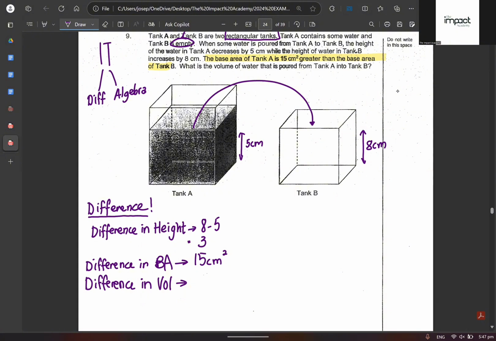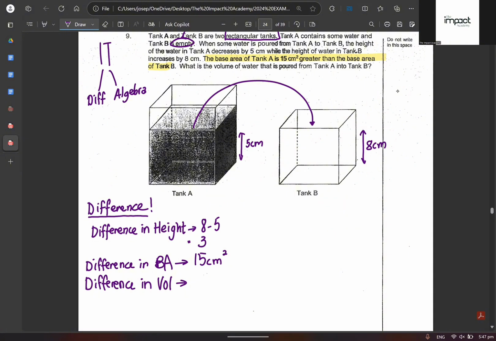So from A, the water that came out is the difference. Correct? So imagine this has 200 ml, correct or not? This has 0 ml. Now this has 120 ml. Where did this 120 come from? It came from here. This is minus 120 ml, right? Imagine this. Can you see that? What is this 120? This is the water that came out, right? True? So same thing over here.